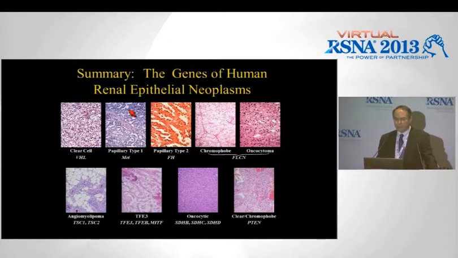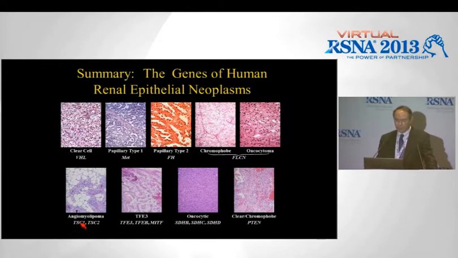The MET gene is related to type 1 papillary disease, which is generally quite benign. Fumarate hydratase mutations, however, result in this very aggressive papillary type 2 lesion. In the intermediate area is the folliculin Birt-Hogg-Dubé syndrome with chromophobe and oncocytomas, as well as clear cells.